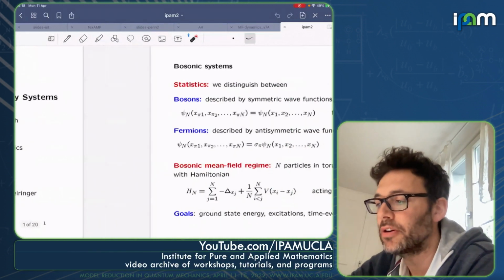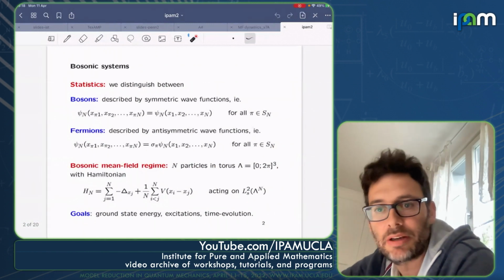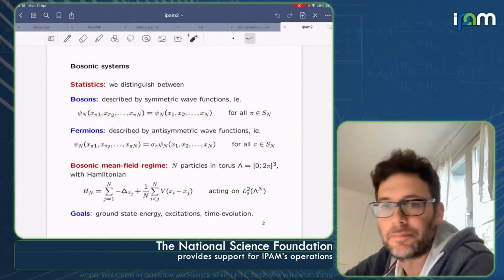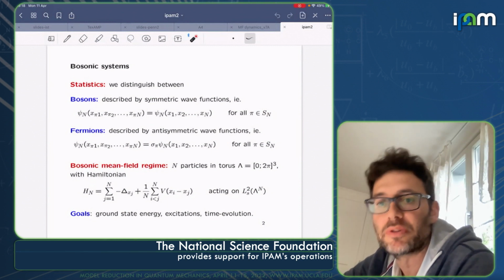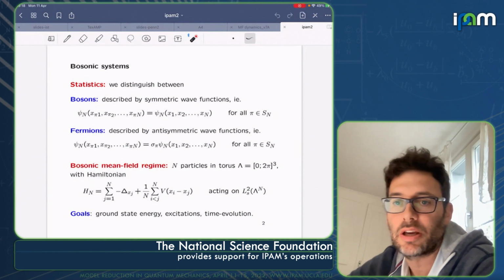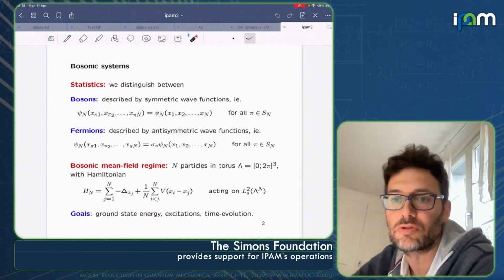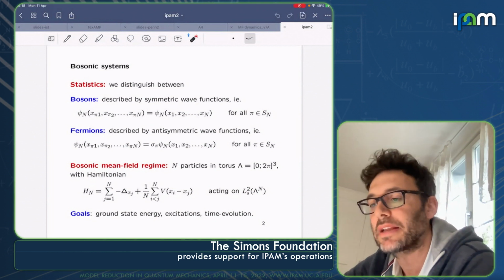So actually, I'm going to start my talk with a brief introduction to explain some ideas of bosonic Bogoliubov theory, which are going to be useful later when I speak about fermions, which is going to be the main part of my talk.